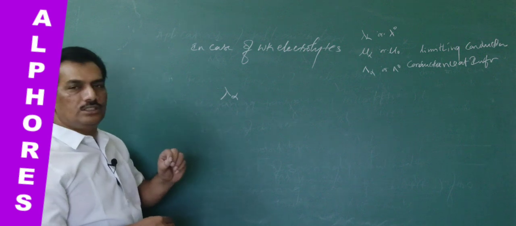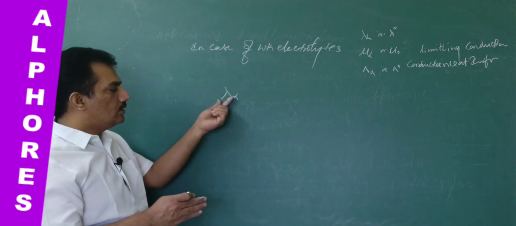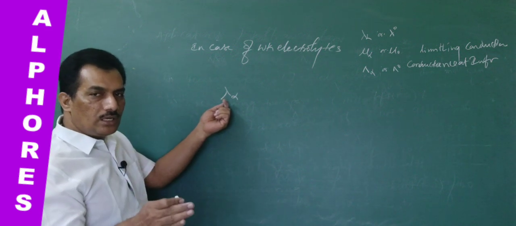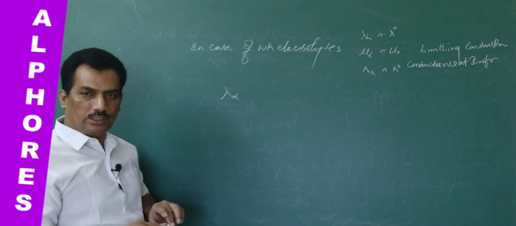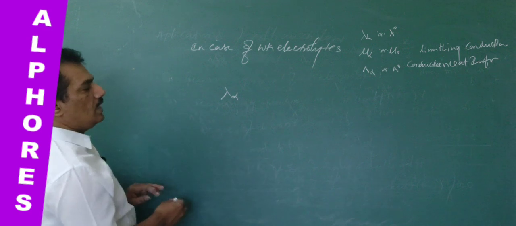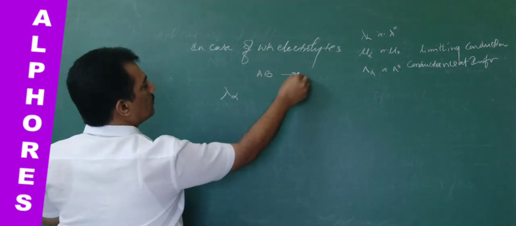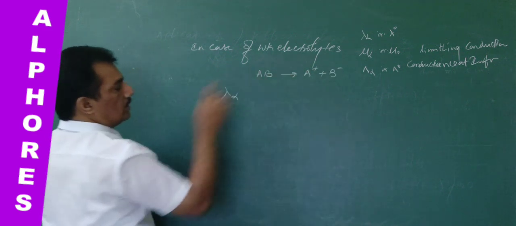Actually, in the previous discussion, we considered that small lambda is a symbol for equivalent conductance, but in general, when we say ionic conductance, we frequently use this. Clear? At infinite dilution, an electrolyte AB has A plus and B minus, that is, anion and cation.